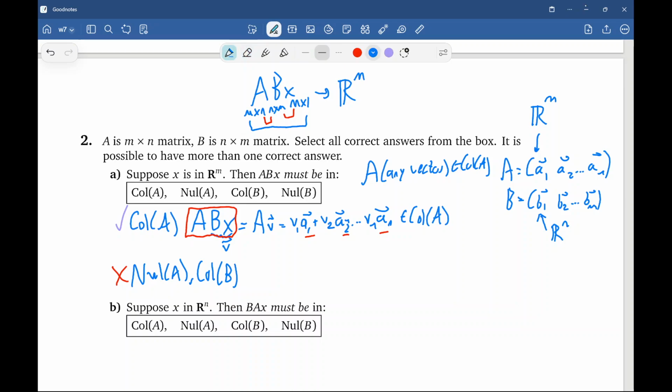This symbol here is subset, which is similar to subspace, so I'm just using it as subspace here. These are both subspaces of Rn. And so our vector can't possibly be in that subspace. It has the wrong number of entries. So both of those are definitely wrong. Okay? And so the last thing we need to check is the null space of B.